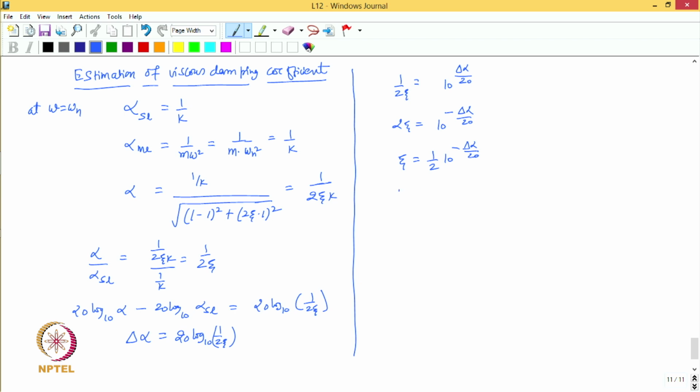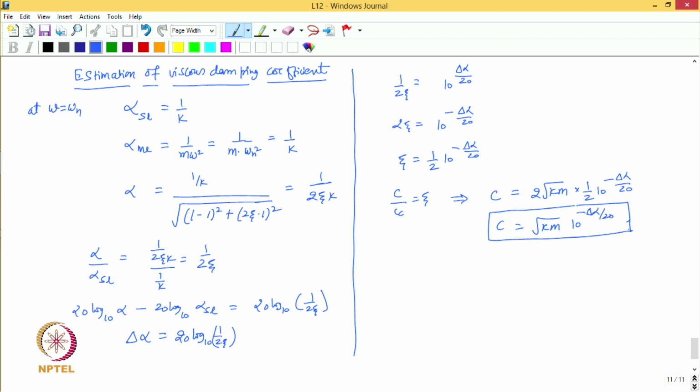And because we know that C upon Cc is equal to zeta, I basically get from here C as twice under root km, into 1 upon 2 times 10 to the power minus delta alpha upon 20, which basically reduces to under root km times 10 to the power minus delta alpha upon 20. So, this is the expression we get for the viscous damping coefficient. Let us see now how to determine delta alpha from the magnitude plot.